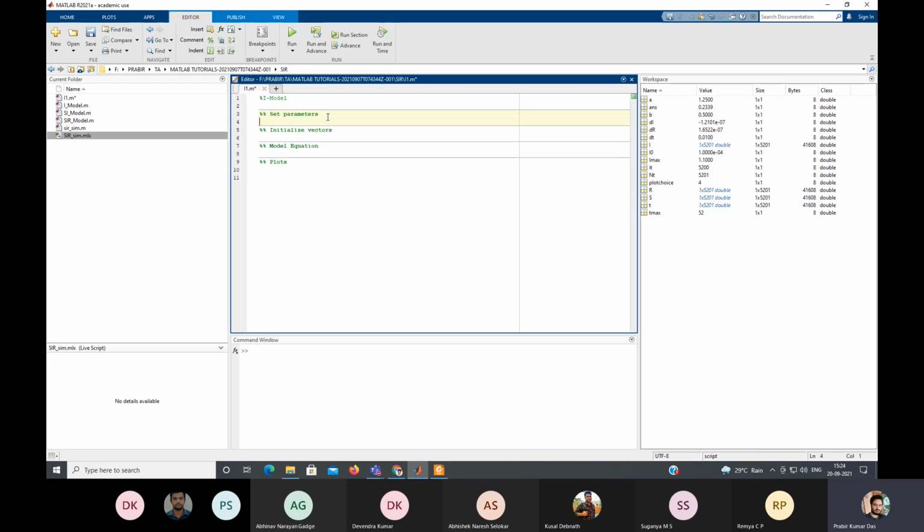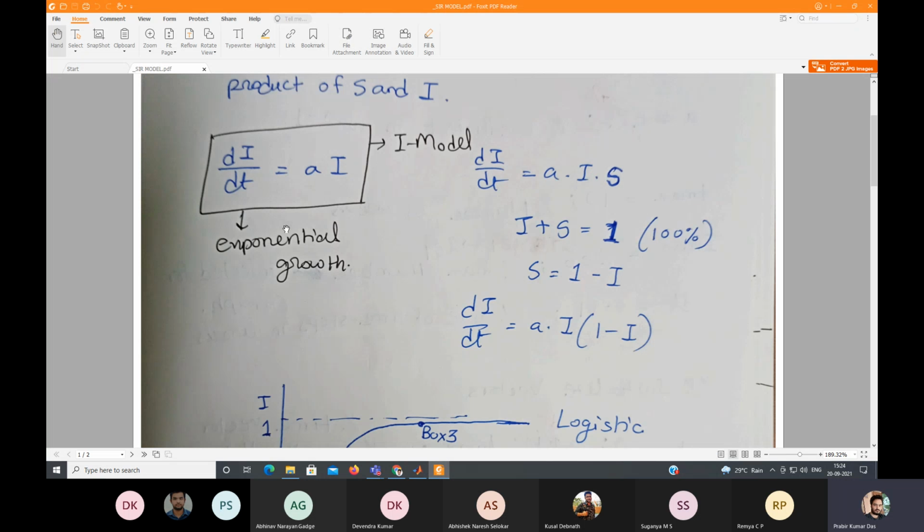So the first part is that we have to initialize our parameter. Okay. Can anybody tell me what is the parameter for these two equations? See, I is a state variable, so I is not a parameter.